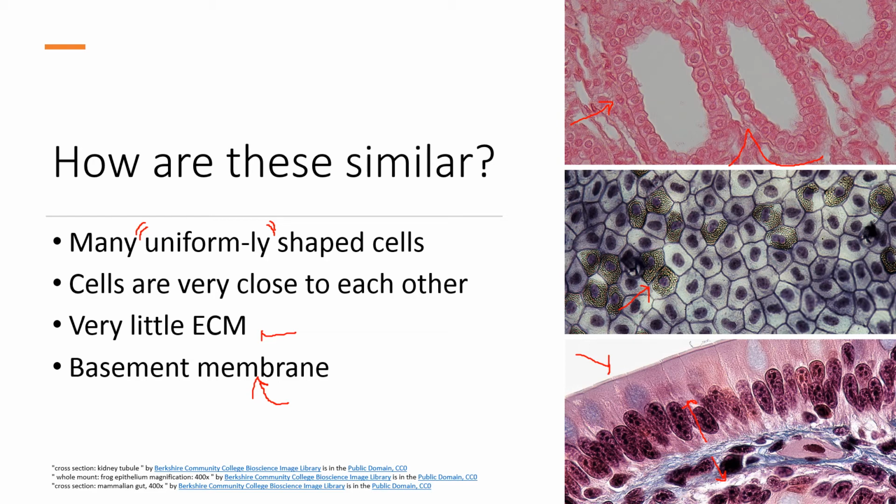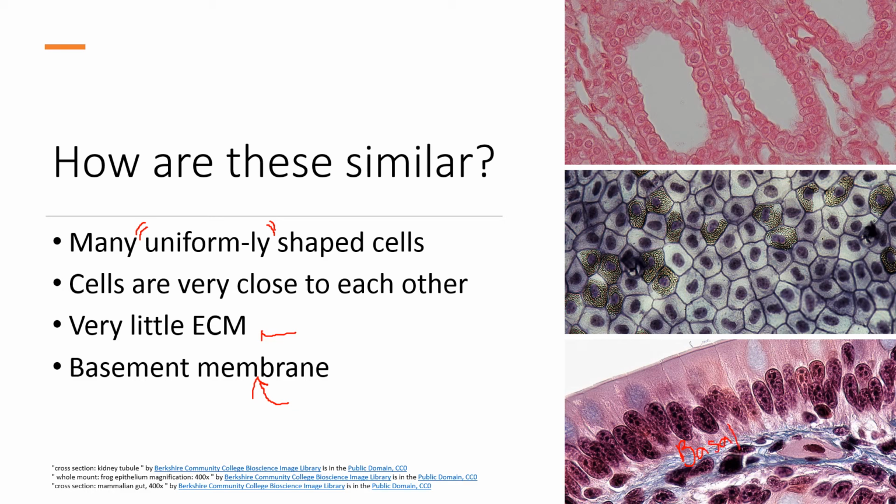So now what I'd like to do is introduce you to a little bit of terminology just so that you're aware. When we talk about epithelial tissues, we usually talk about the cells in terms of their sides, and there's very specific vocabulary that we use. When we're talking about the bottom of the cell, the side closest to the basement membrane, we're going to use the word basal, B-A-S-A-L.